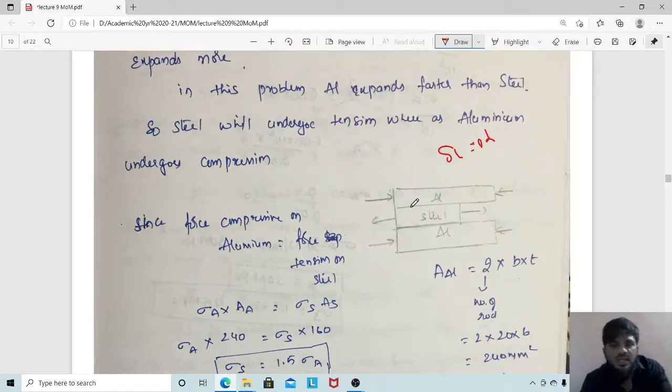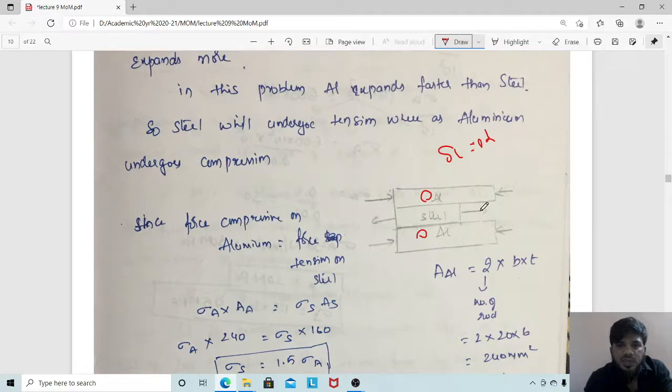So to avoid this, there will be induced stresses inside the material. Since the aluminum is trying to expand more, there will be an induced compressive stress acting on it, which tries to compress it.